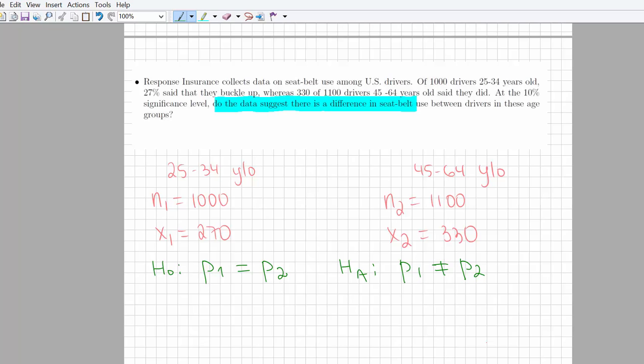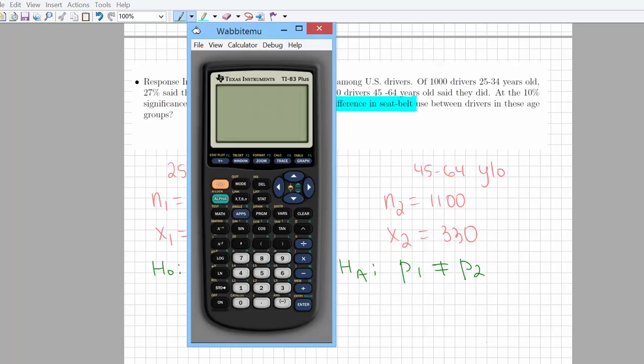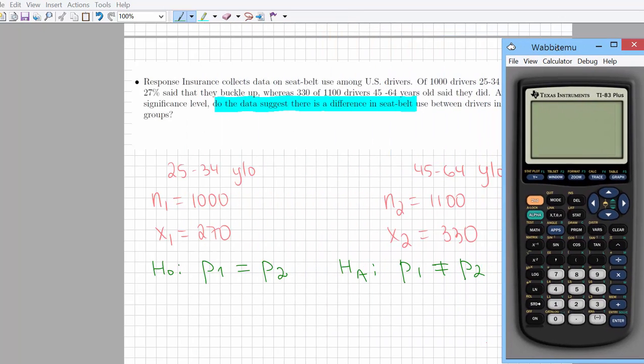All right, let's go ahead and plug these numbers in our calculator. I'm gonna go back to stat test, 2-proportion z test. So 270 people out of 1,000, and then here we have 330 out of 1,100. Not equal. Let's compute this.